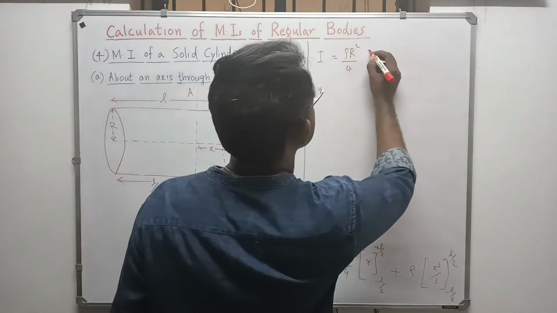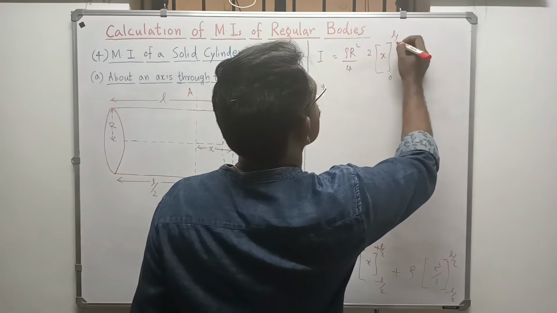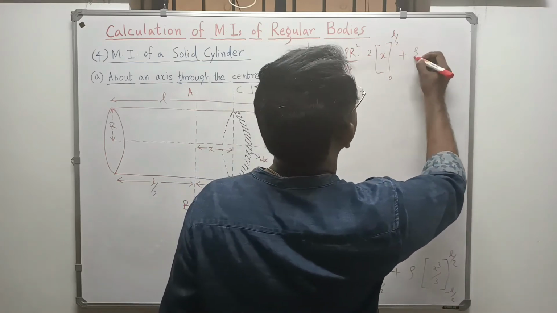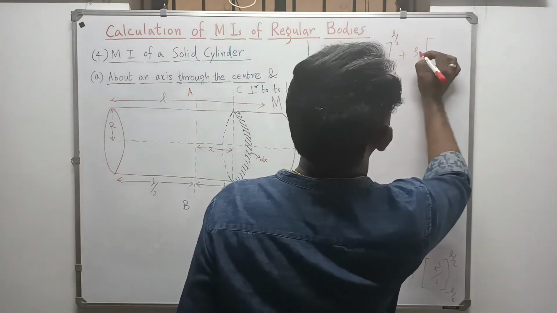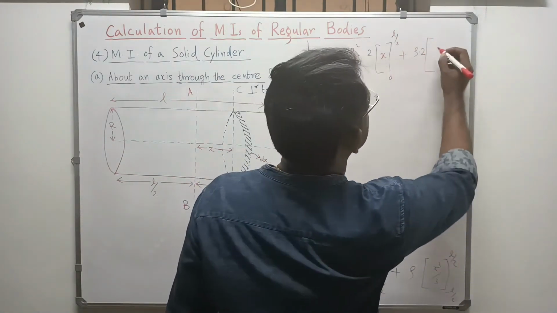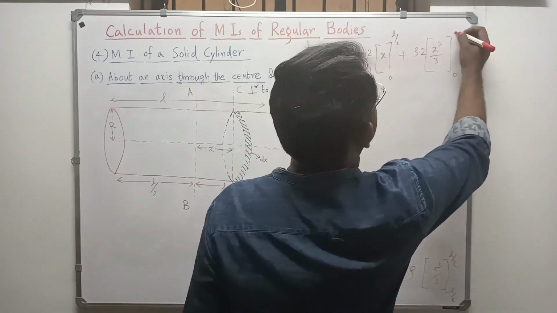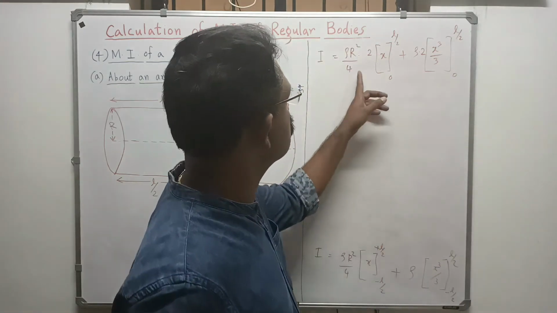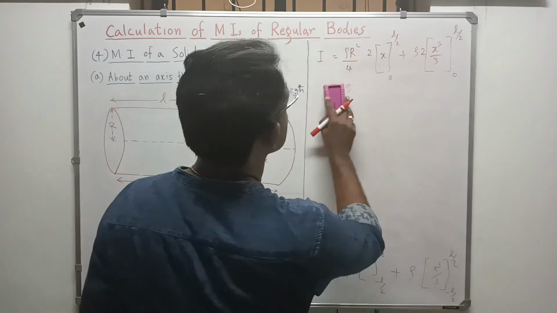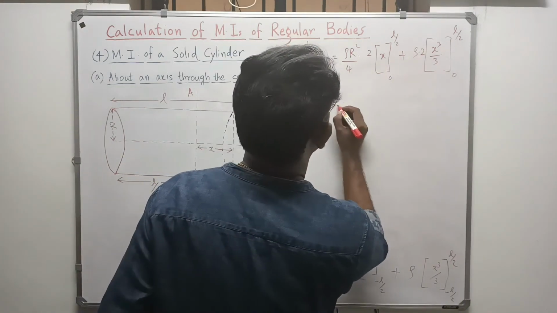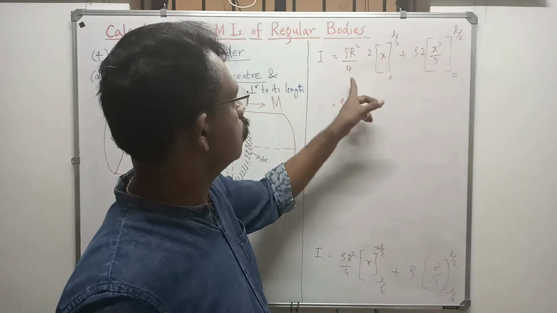So I can write 2 into x from 0 to L by 2, plus rho into, again changing the limit, putting a factor of 2 here, rho into 2 into x cubed by 3, with the limit changed to 0 to L by 2. So that will be easy for us. So this will become rho r squared by 2, and this one you will get 2.